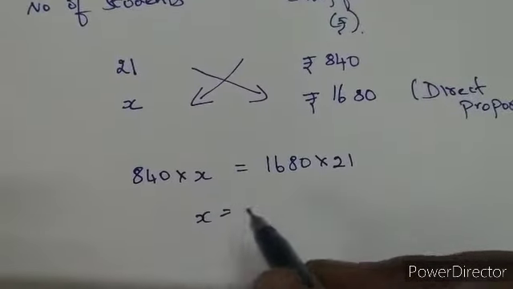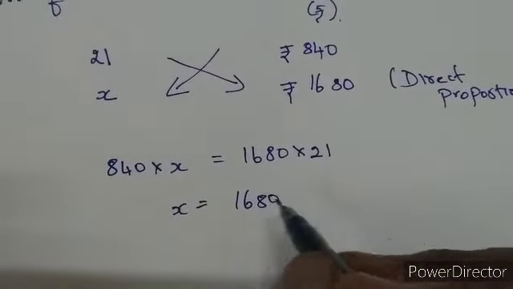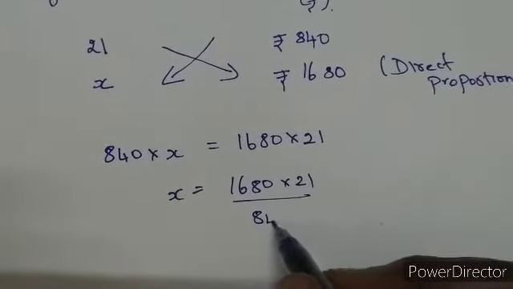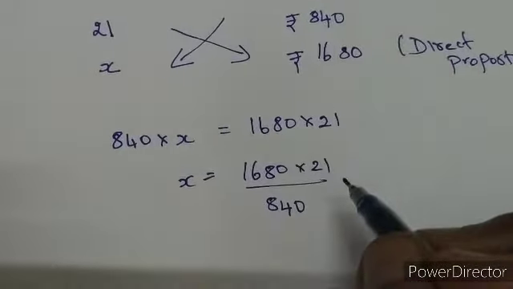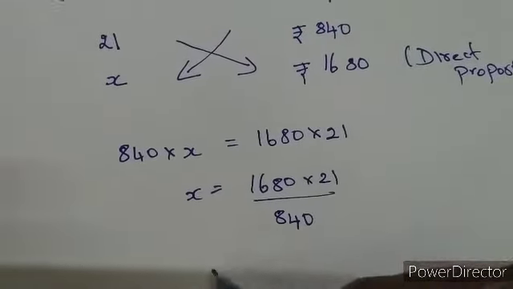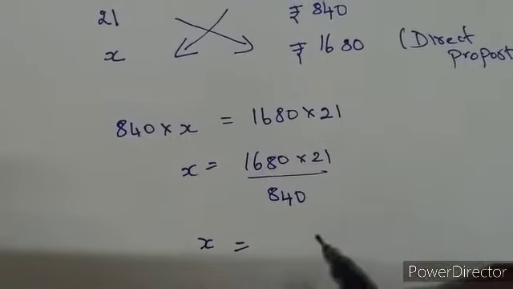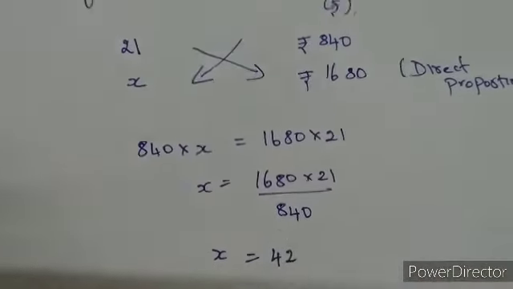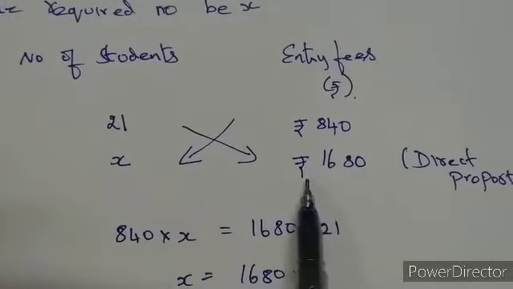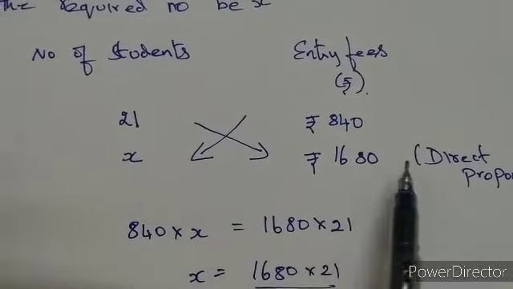So x equals 1680 into 21 divided by 840, by transposition. If you simplify this, you get the answer x equal to 42. That is, for 42 students, the entry fees is ₹1680.